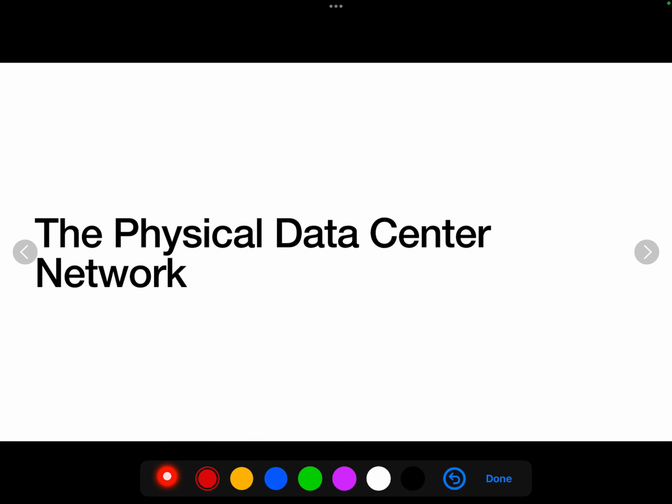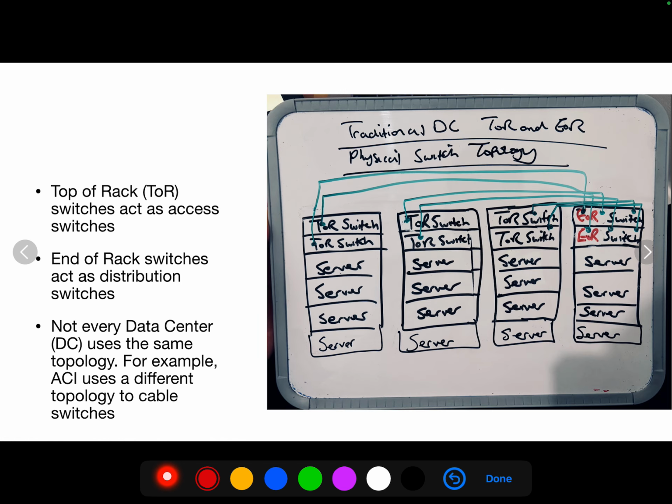Now, let's have a look at the physical data center network. In this diagram, we've got 4 racks of servers, so 1, 2, 3, and 4. We've got servers, and here we've got top of rack switches. These switches are access switches, and they connect to the end of rack switches, which are distribution switches.